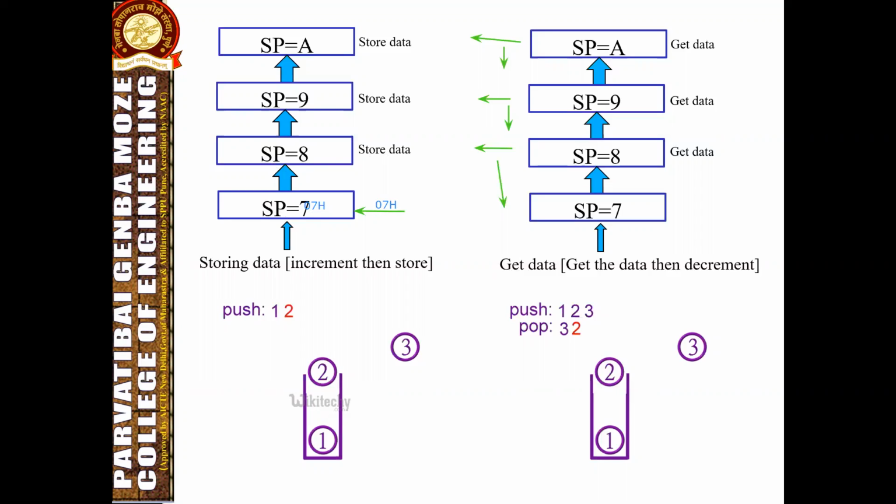However, there is a conflict with the default setting of SP equal to 07H when the 8051 is powered up. The starting location of the stack is RAM location 08H, and this location belongs to register R0 of register bank 1.